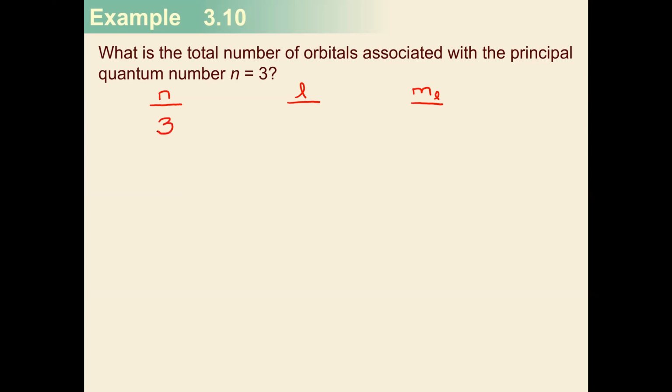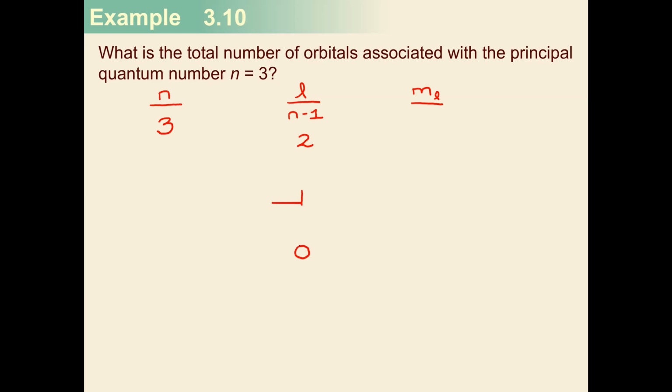So now we have to look at the possibilities of our L. Remember, L is actually the high end possibility of n minus 1 going to 0. So in this case, we are allowed to have 2, 1, and 0. So now we are allowed to have 3 different shapes.